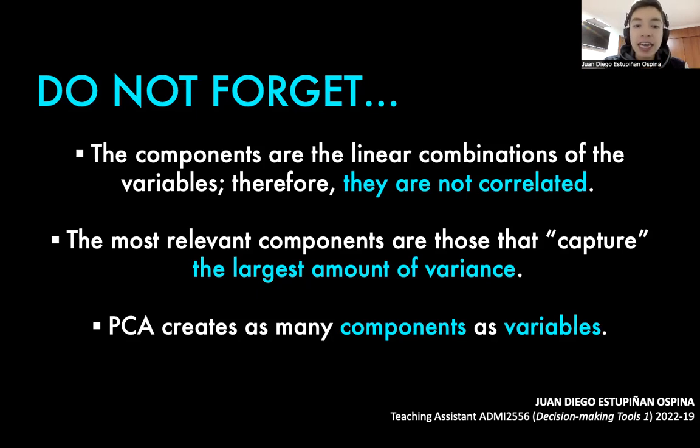And finally, PCA creates as many components as variables. So for example, if I want to apply the principal component analysis by using 5 variables, Stata will present me 5 components, but after that, I will decide how many components I use at the end.